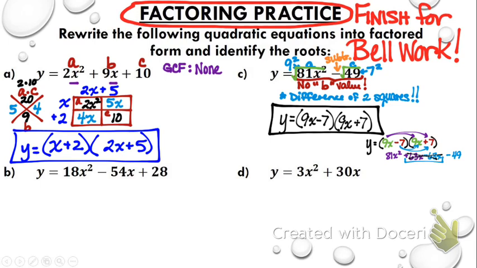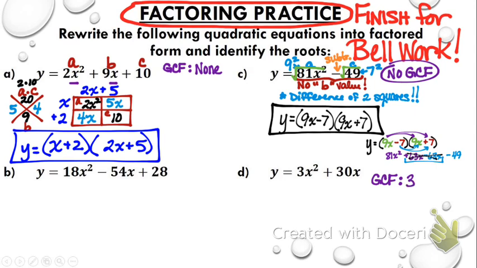All right, I'm going to hop down to D, and then we're going to scoot backwards to B. I'm always supposed to check for GCF first. Like I said, I forgot up here, but I'm going to go ahead and write it down. Does part D have a GCF? It's 3.